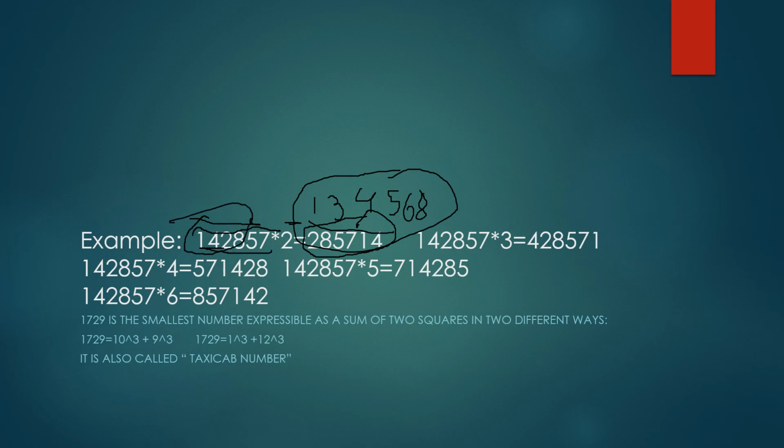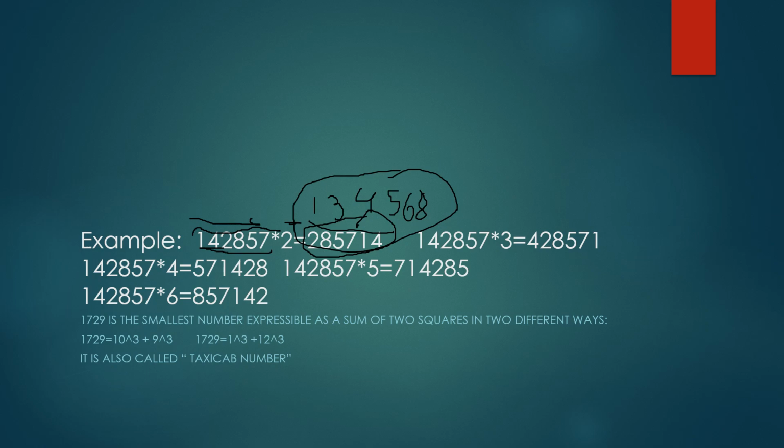This number is not cyclic, simply because the number obtained by multiplying 2 with it is not a permutation of its digits. Here we have 3, but we don't have 3 in the original number.